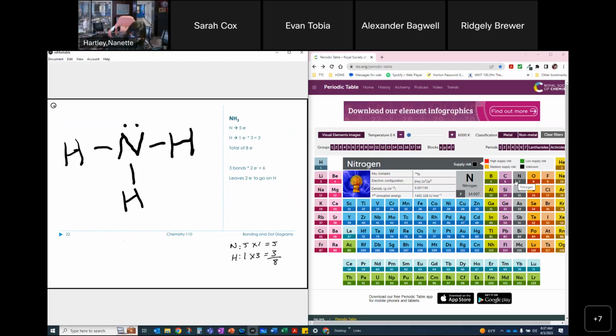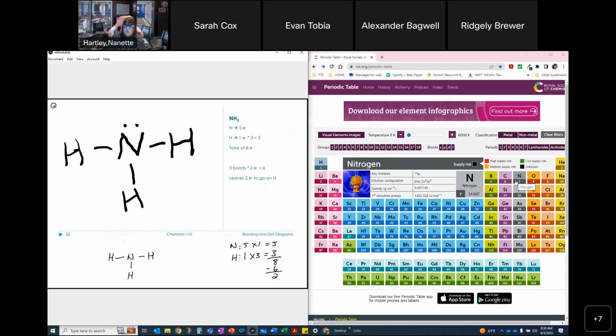If I put the nitrogen in the middle, he's written first, so he goes in the middle. Hydrogen, hydrogen, hydrogen. At this point, it doesn't matter where I put them, really doesn't. I draw 1 bond in between all of them. That's 2, 4, 6 electrons that I've taken out of that. I'm left with 2. Now, the next thing I'm supposed to do is fill the octets for the outside.